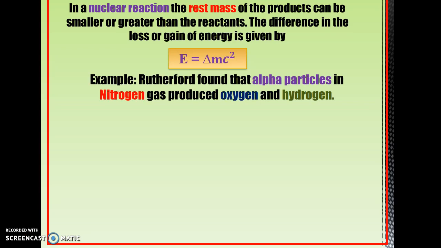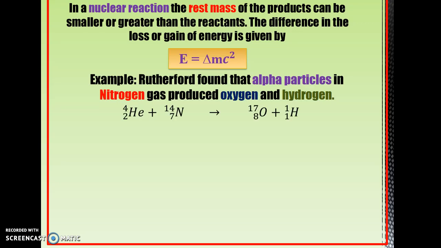Rutherford, we have already seen this earlier in this topic. Rutherford found that alpha particles in a jar of nitrogen gas actually produced oxygen and hydrogen. So you might want to pause here and try to write that equation for yourself, because we have done it before, and now's a good time to check that you can do it.